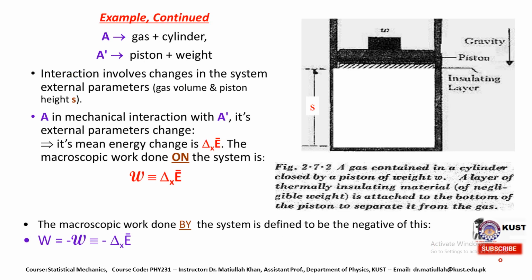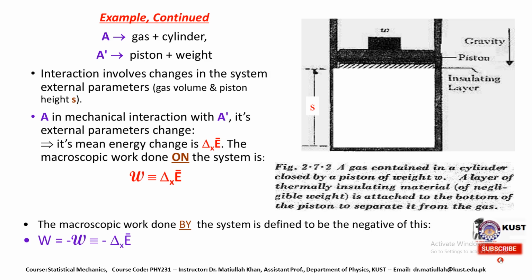The interaction involves a change in the system's external parameters, that are the gas volume and piston height. So system A is in mechanical interaction with A dash, and its external parameters change, which means an energy change by del XE. So the macroscopic work done on the system is W is equal to del XE.